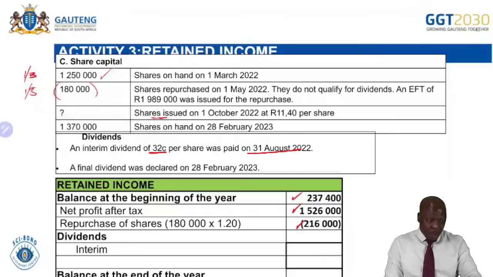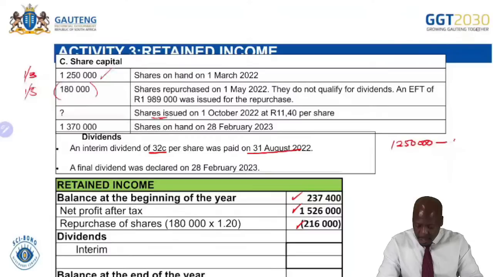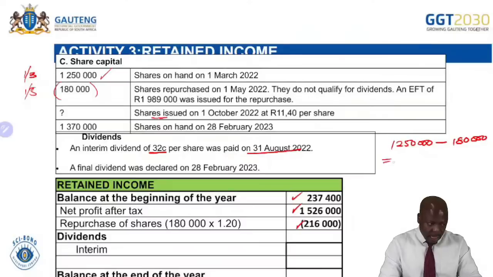So how much was that interim dividend? For me to get the number of shares for the interim dividend, I would say my 1,250,000 minus my 180,000 shares that were repurchased. How many shares do I have that qualify for dividends? Please punch that in the calculator.